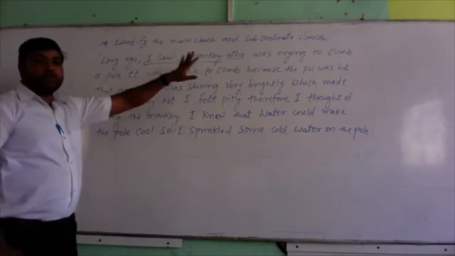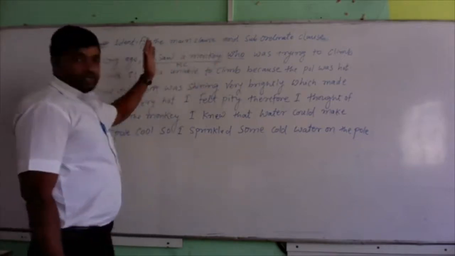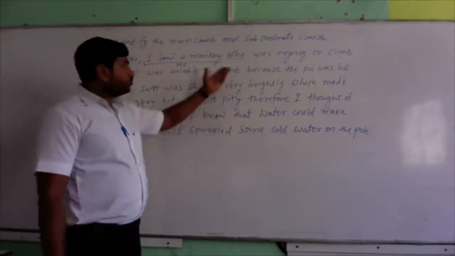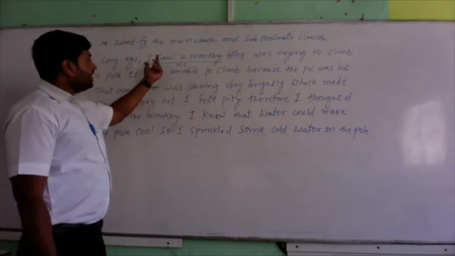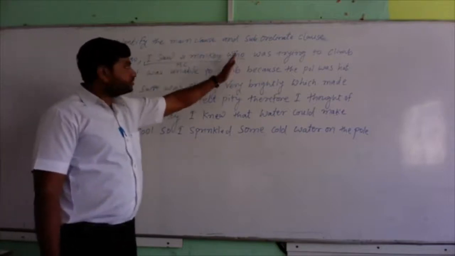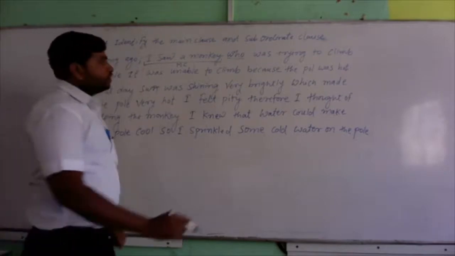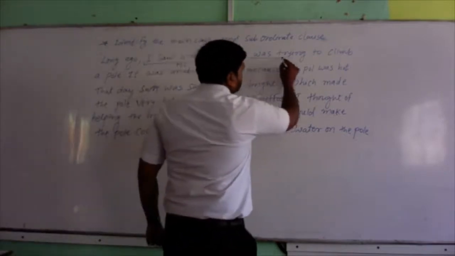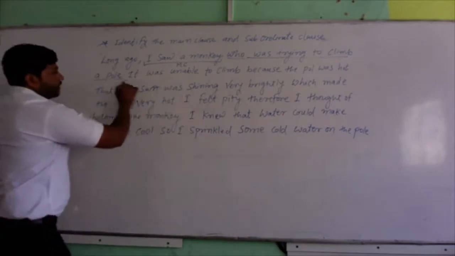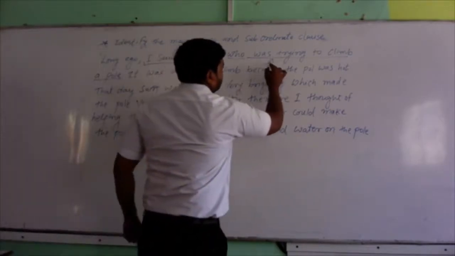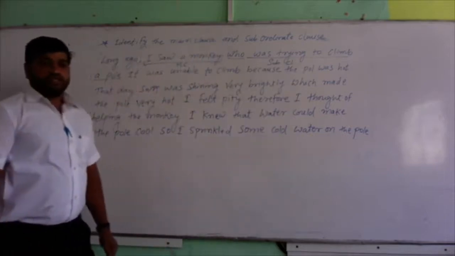This is the subordinate clause because who was trying to climb a pole cannot complete the meaning. We don't know who. So when we add I saw a monkey, then this part of the sentence can complete its meaning. So who was trying to climb a pole is known as the subordinate clause. Okay, student, got it? Okay.